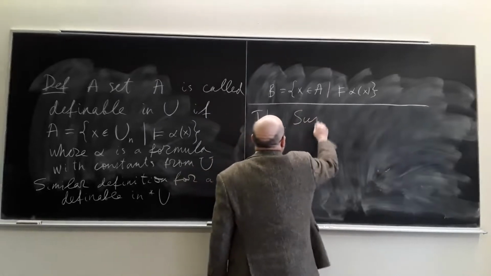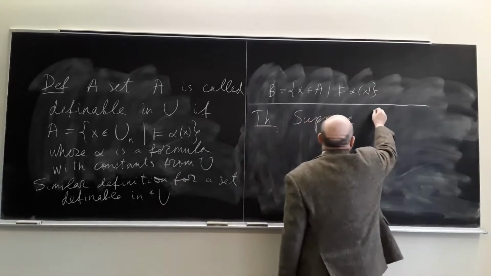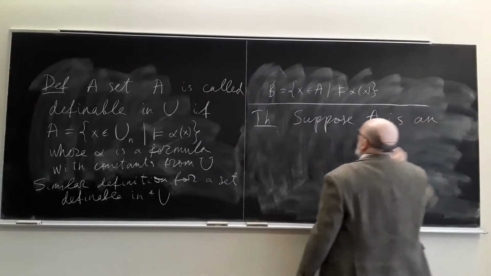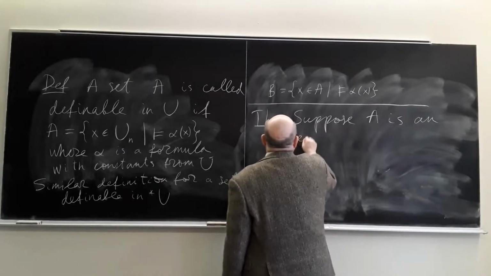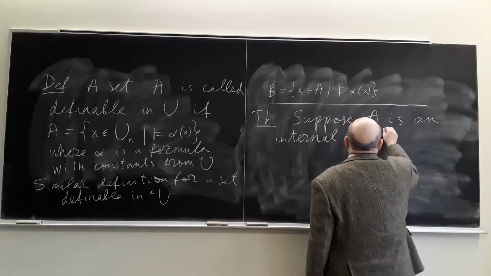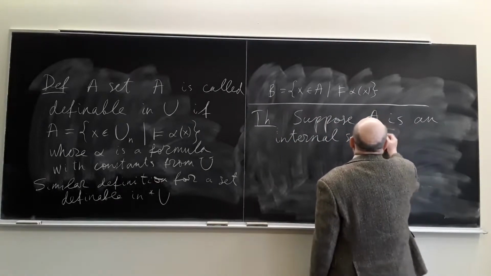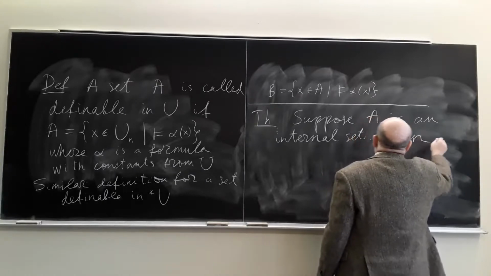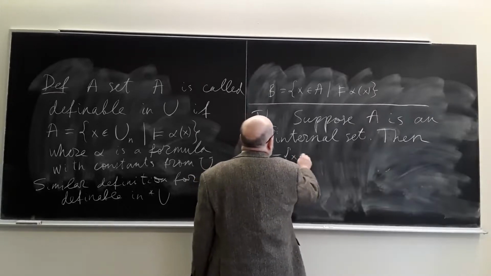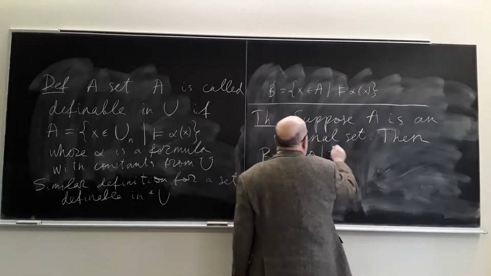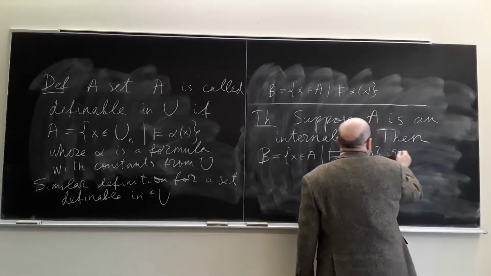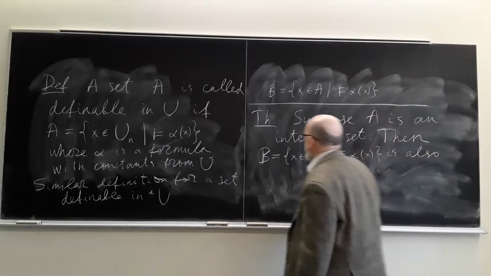Suppose A is an internal set. Then B equals the set of x in A such that alpha of x is also internal.